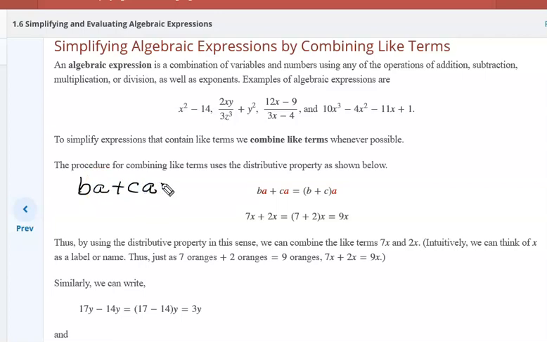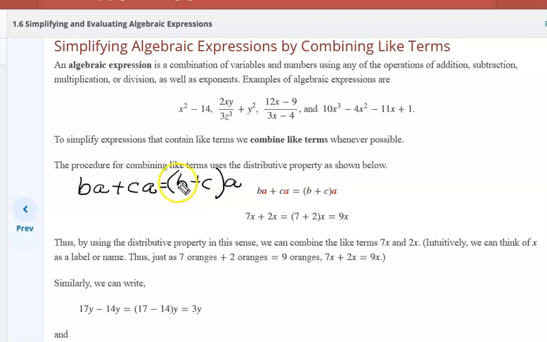Now you may want to write this down. Now, if we were to factor this, there is a common factor of A in each one, and that would then become B plus C in parentheses, in a sense A, which is what they're showing here.